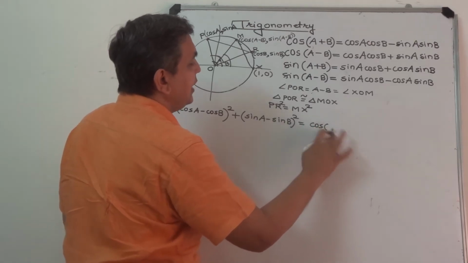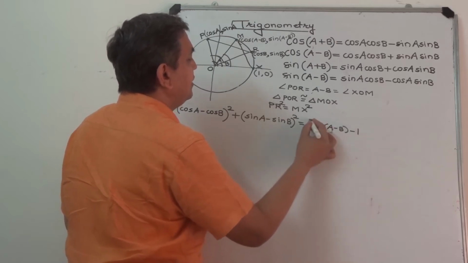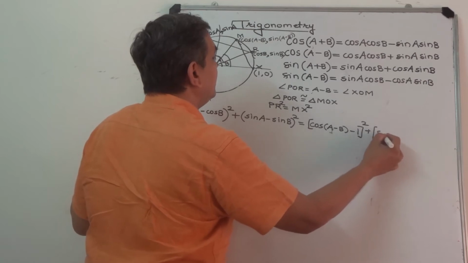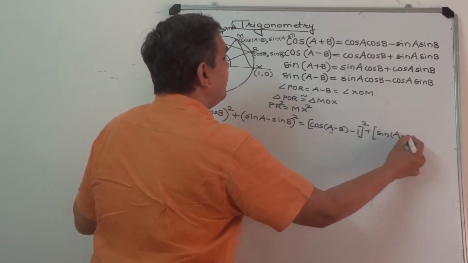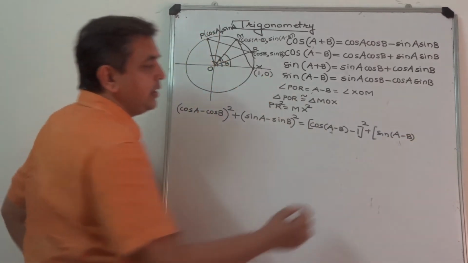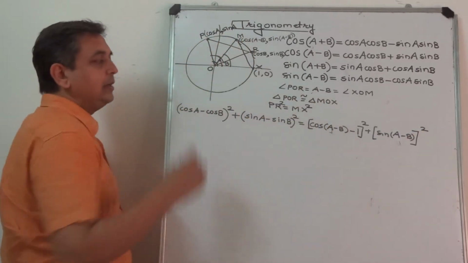It is cos of A minus B minus 1 whole square plus sin of A minus B minus 0, where the y coordinate is 0, whole square. We do not write that minus 0.